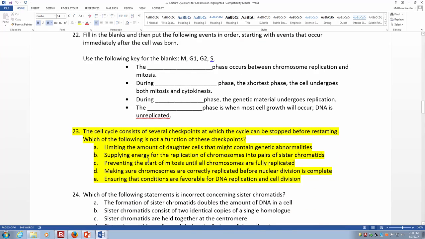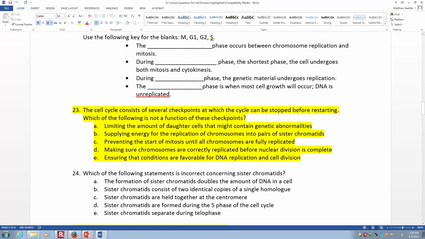Okay. So 23, the cell cycle consists of several checkpoints at which the cycle can be stopped before restarting. Which of the following is not a function of these checkpoints? Right, supplying energy for the replication of chromosomes into pairs of sister chromatids. So A is true because one thing that can halt a cell at a checkpoint is DNA damage.